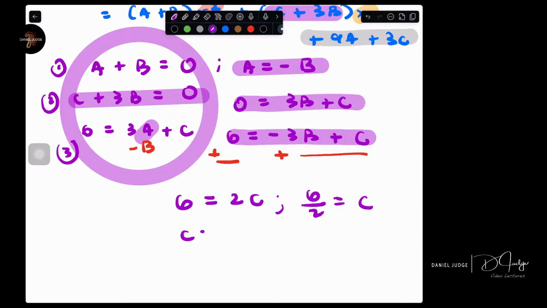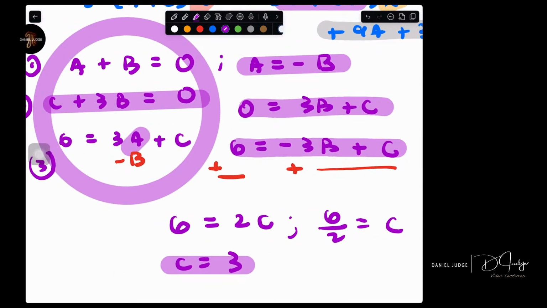C is the value of 3. And this is a really good thing to have. So C is 3. Because C is 3, I can go back to one of these equations here.